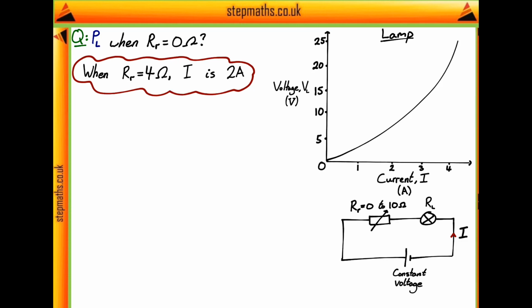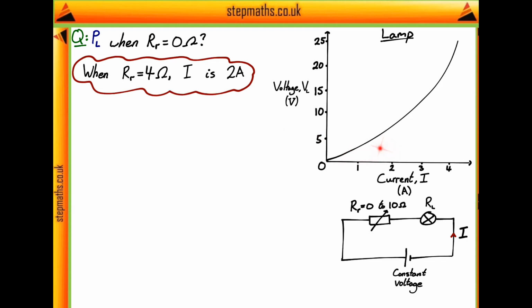Okay, so to begin thinking about this question, let's first look at the information we've been given, and see if there's anything we can get from it easily, because it might help us think about how to attack the question. We're told that when the resistance of our variable resistor is 4 ohms, the current through our lamp, or the current generally in our circuit, I, is 2 amps.